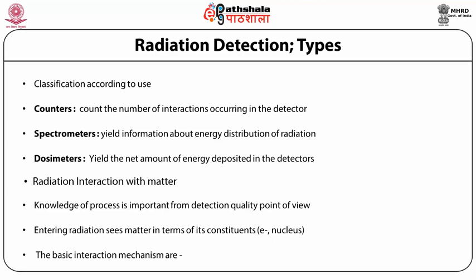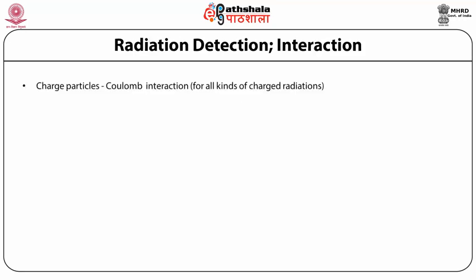The basic interaction mechanism. We continue our discussion about the interaction of radiation. The basic interaction mechanisms for charged particles, like alpha particles, protons, fission fragments, heavy ions, is Coulombic interaction. This is the most important way of losing energy, because the incoming radiation is a charged particle.